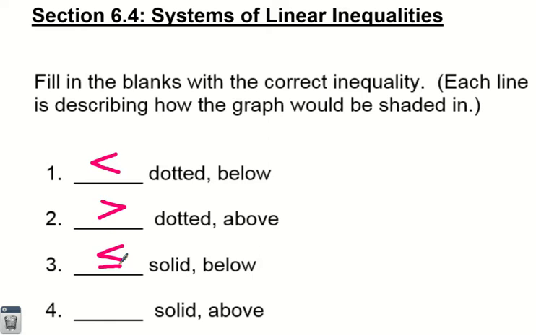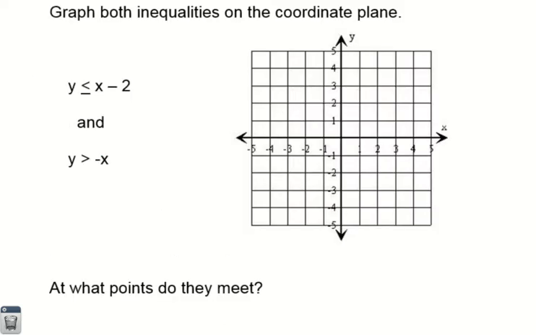And of course, a solid line shading above would be a greater than or equal to symbol. So that's a look back from last section, just a quick reminder, in case it's been a good number of days since you looked at 6.3, whether you're absent or whatever. So here we go.